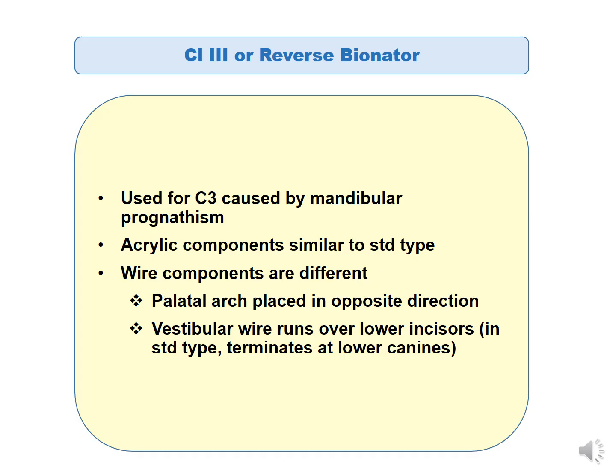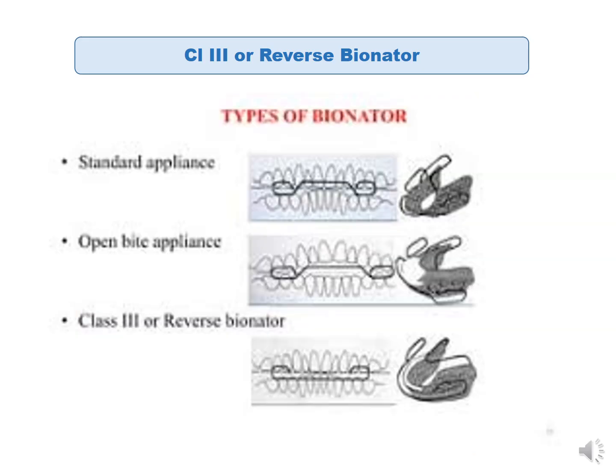The palatal arch is placed in the opposite direction compared to a standard bionator, and the vestibular wire runs over the lower incisors in a reverse bionator, whereas in the standard type it terminates at the lower canine.